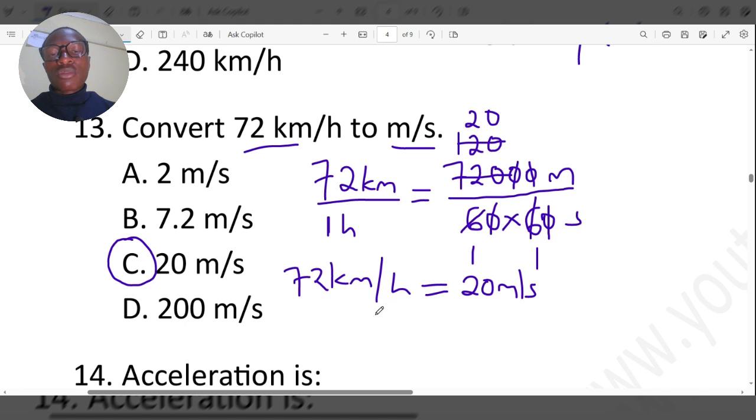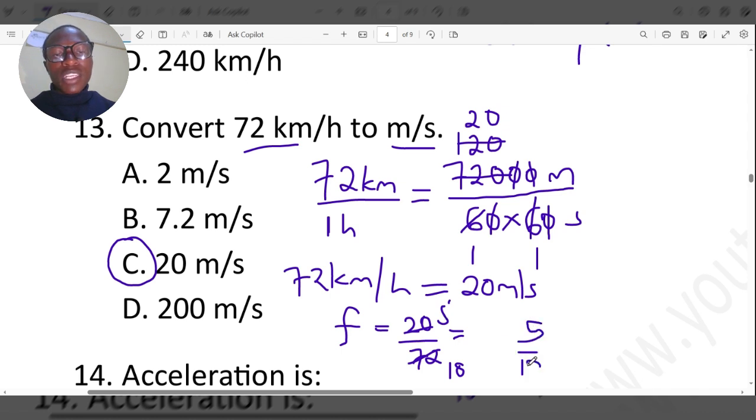Let me call the fraction of conversion f. I take my 20 meters per second and divide by 72 kilometers per hour. If I simplify this, by 4, I find 5 over 18. So if I multiply kilometers per hour by 5 over 18, I get meters per second.